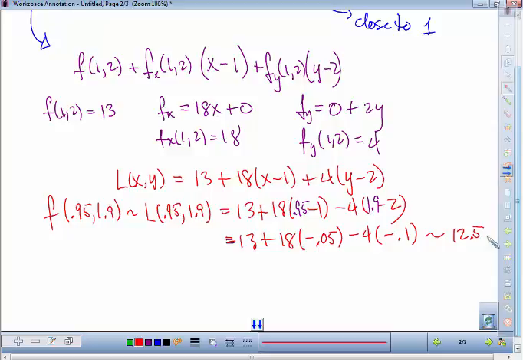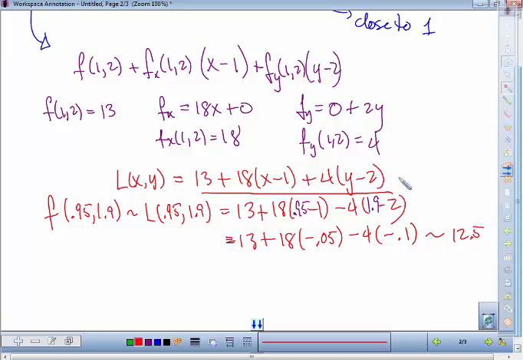Now this is especially useful if you don't have a calculator, because putting numbers into a linear function has been a lot easier than putting numbers into a function where you have to do weird stuff with the x's and the y's.